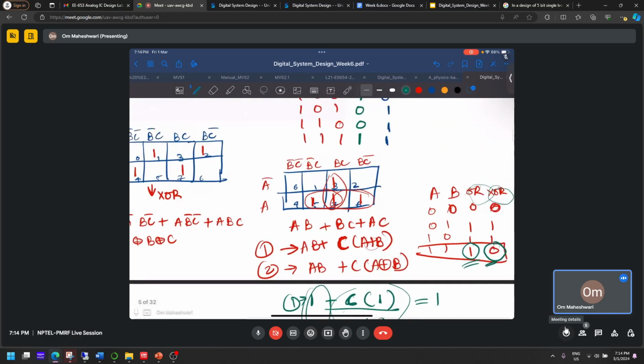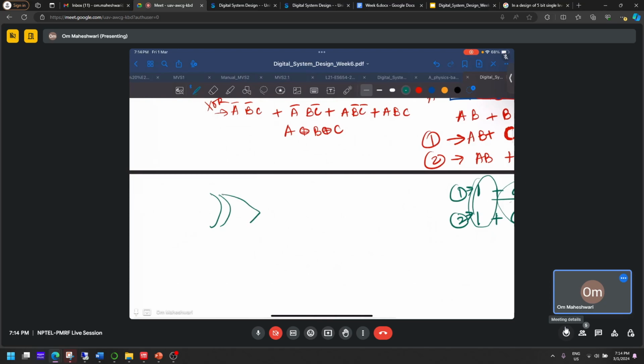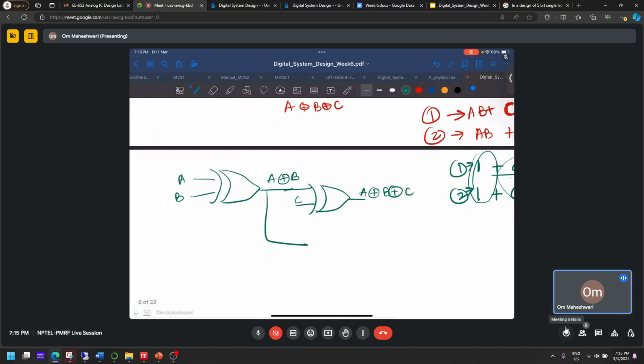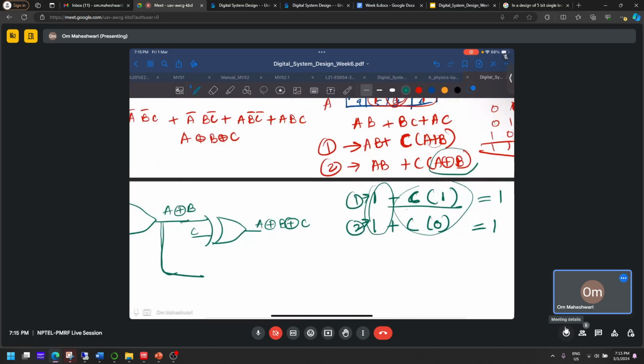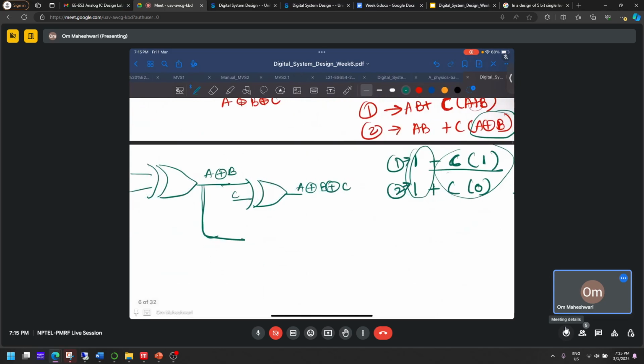Why do we tend to take the XOR gate? Because in a full adder, for the sum we have A XOR B, then XOR C. Then for carry, we can directly take this A XOR B as one of the inputs, AND it with C, then OR it with AB.